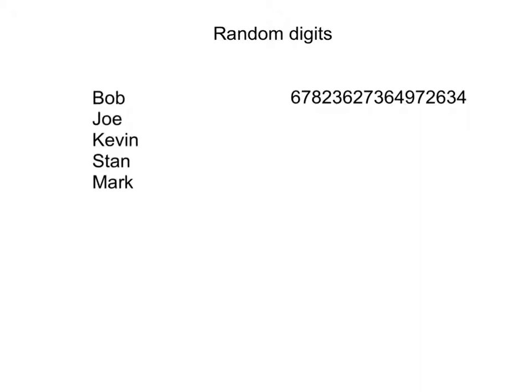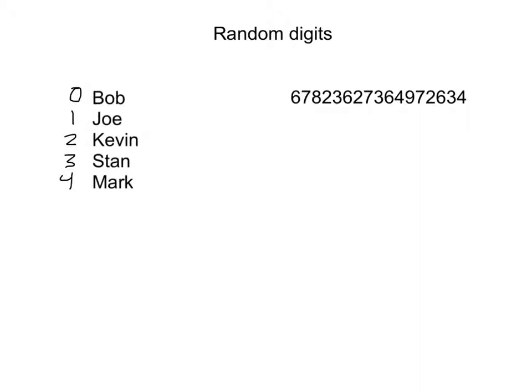Let's create a situation. Say we have 5 people, Bob, Joe, Kevin, Stan, and Mark, and they're all in the running to go on a business trip, but the company can only choose 2 people. Let's assign each person a number: 0, 1, 2, 3, and 4.